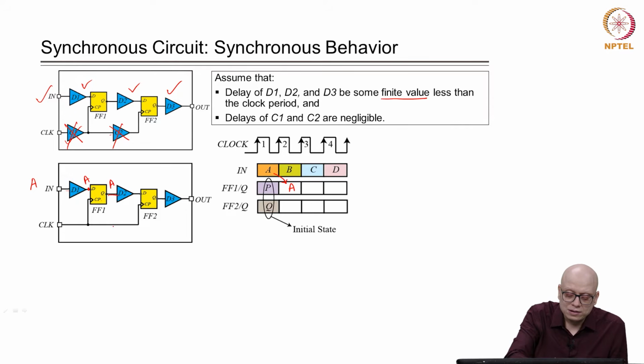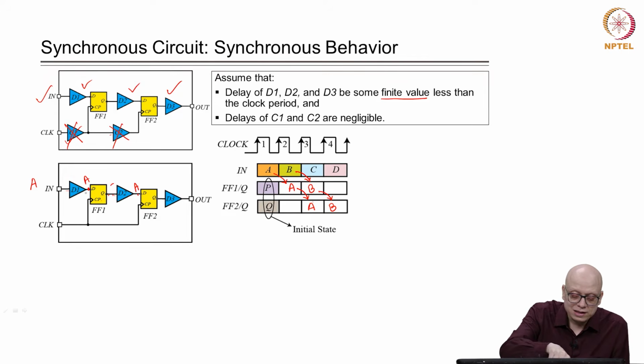So by the next clock edge, this A will reach the D pin, and in this third clock cycle A will go to the output.